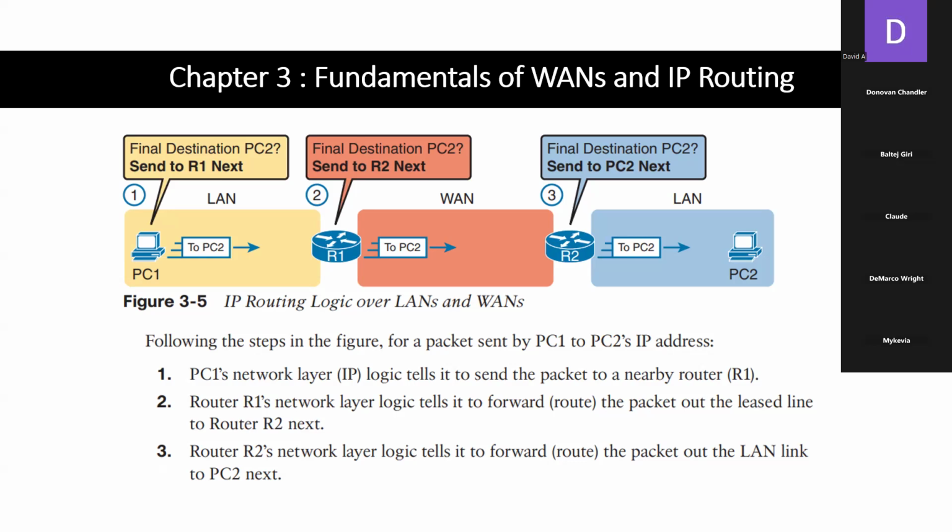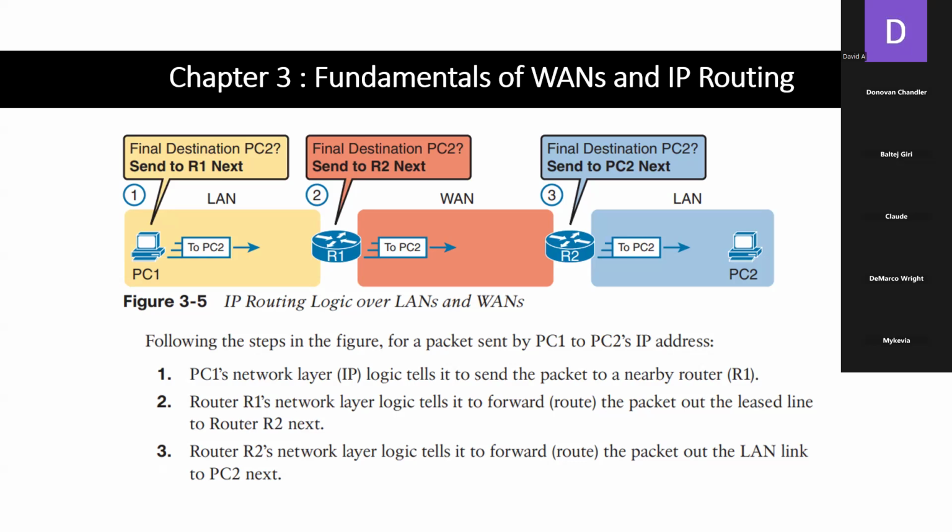We get to step two. Router R1's network layer logic tells it to forward, aka route, the packet out the leased line to router R2 next. So R1 is passing that traffic coming from PC1 over to router R2 within its wide area network so it can get to PC2.